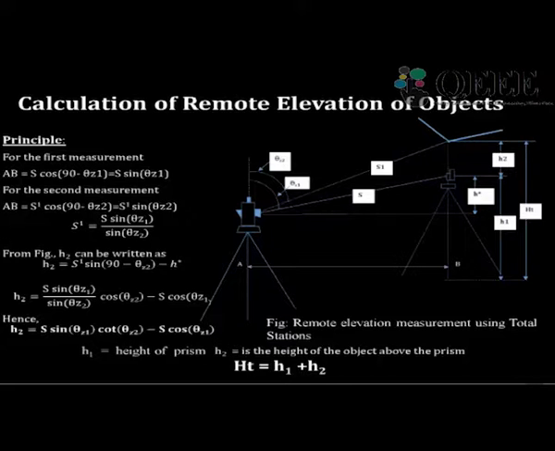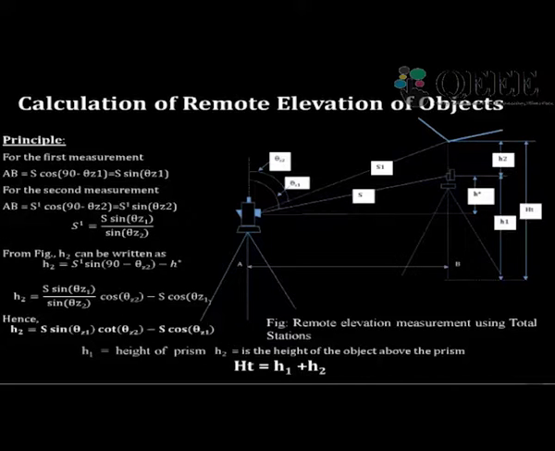For the first measurement, AB, the distance between the point A and the point B, is equal to S into cos of 90 minus theta Z1, that is equal to S into sin theta Z1. Similarly, for the second measurement, AB is the horizontal distance, AB is constant.